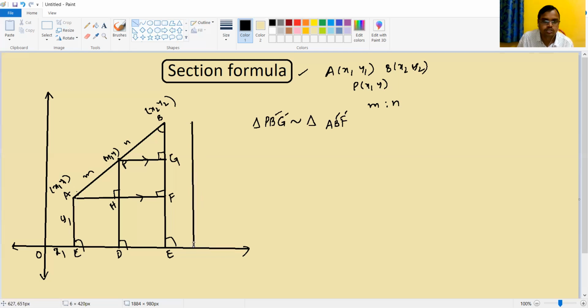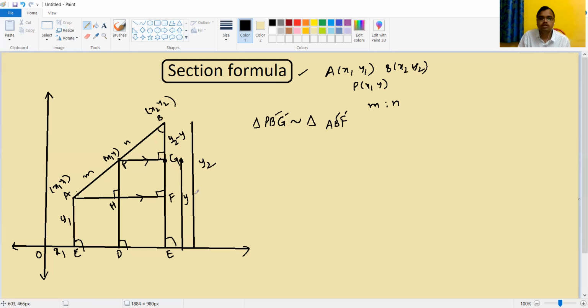This length is y2. Till here, what is the length? y. Yes or no? Till here, the length is y. Therefore, BG length: this is y2, till G it is y, so it will be y2 minus y.